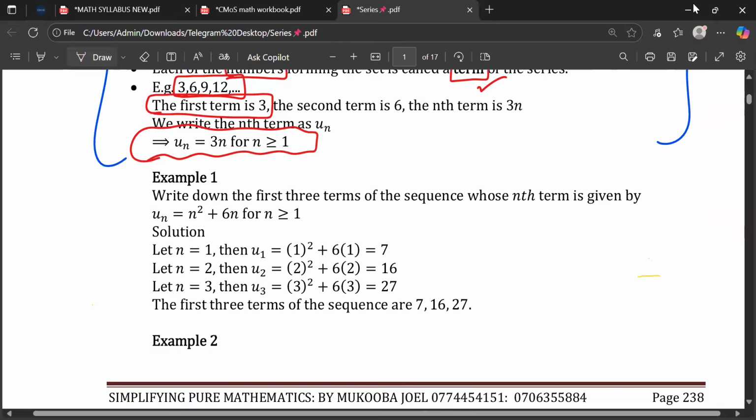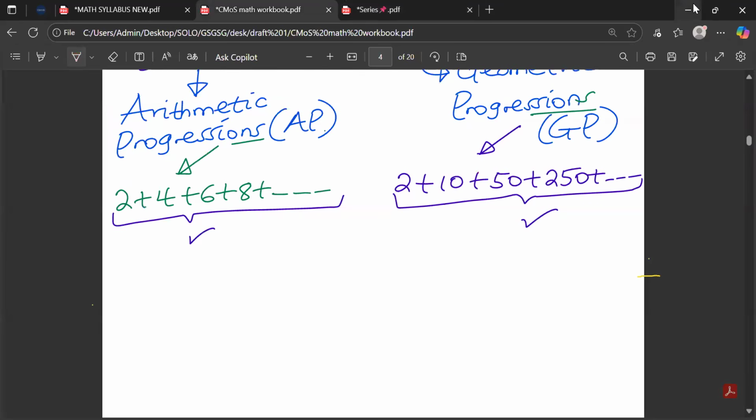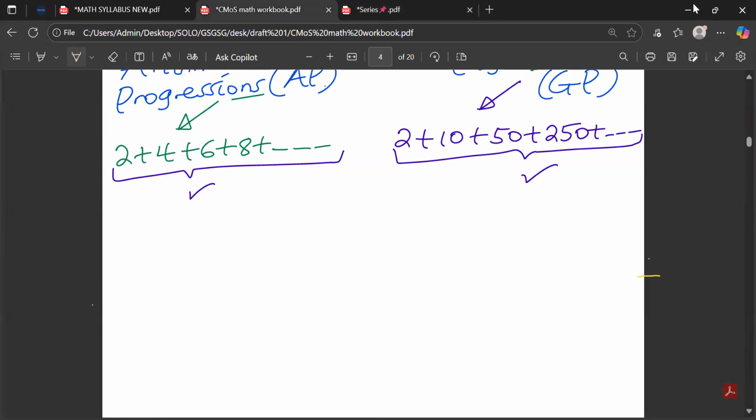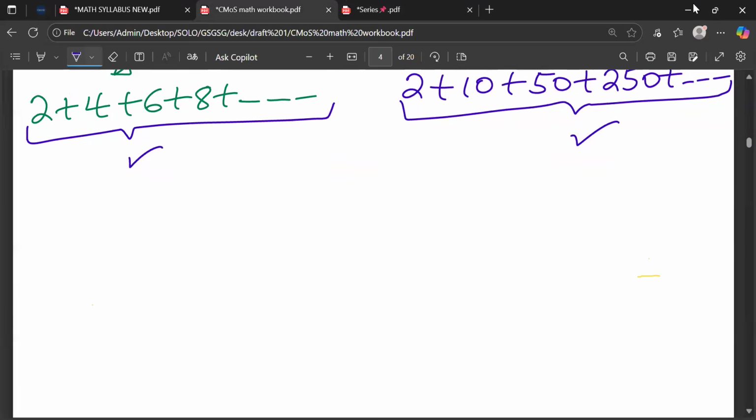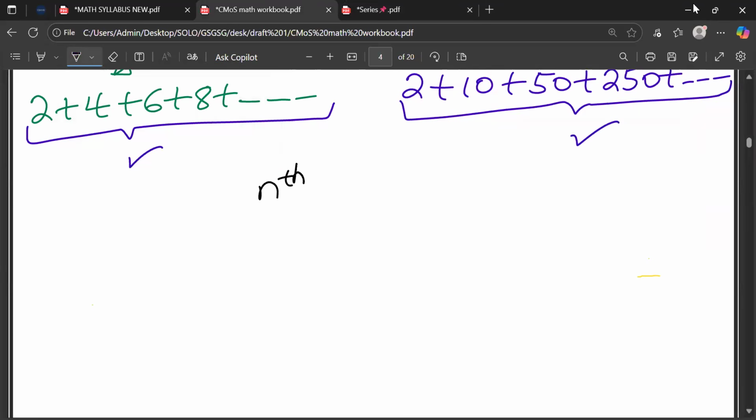Now, here they are questioning sequences, something which is easy. I just want to say something which I really never wanted to talk of here. There is something we are going to come across in this topic. Something they call the nth term, but I'll talk about it later.